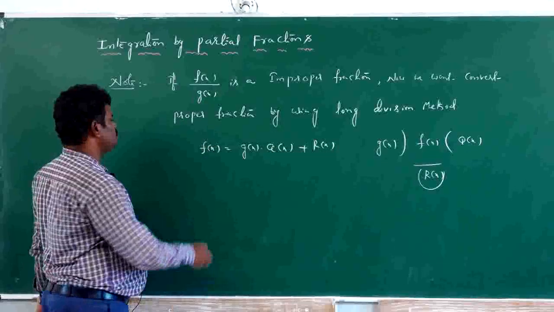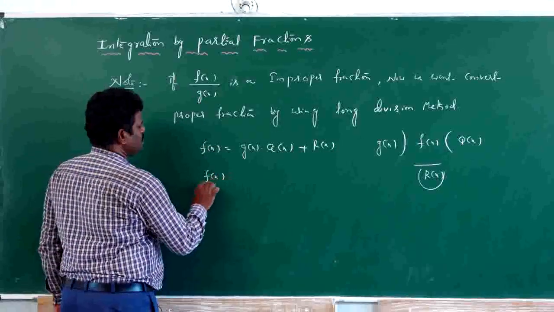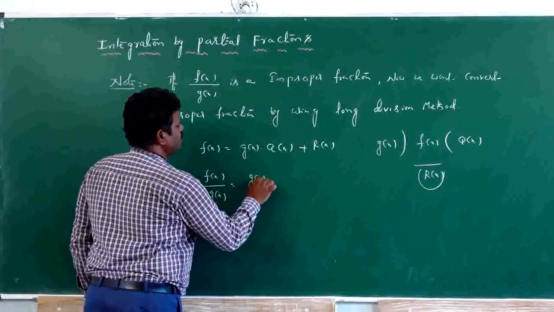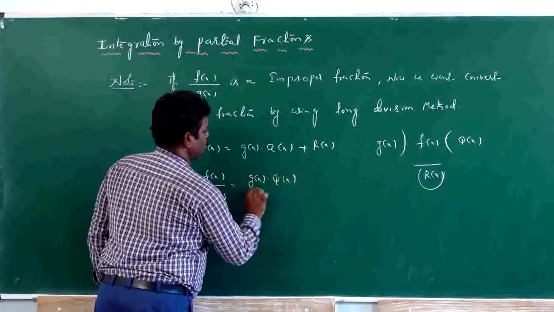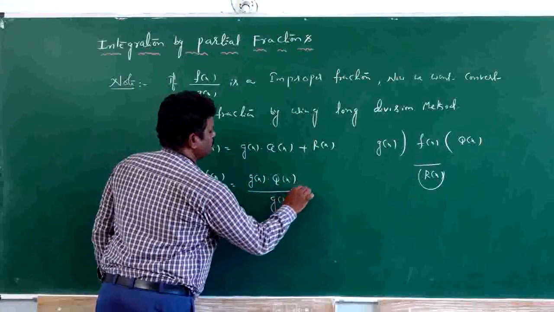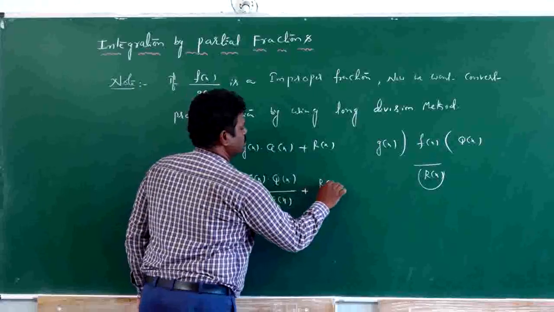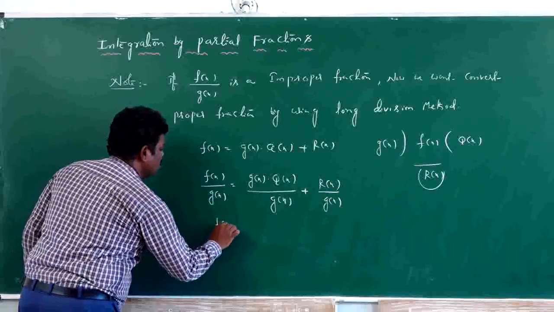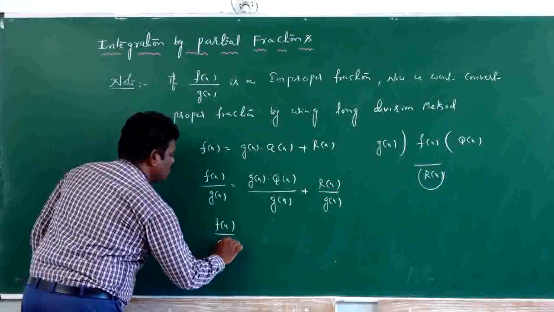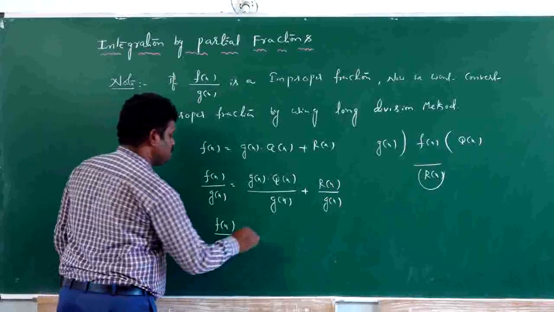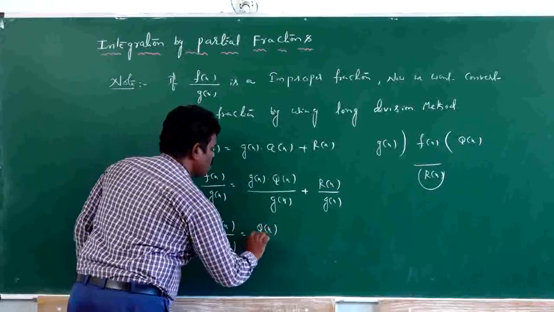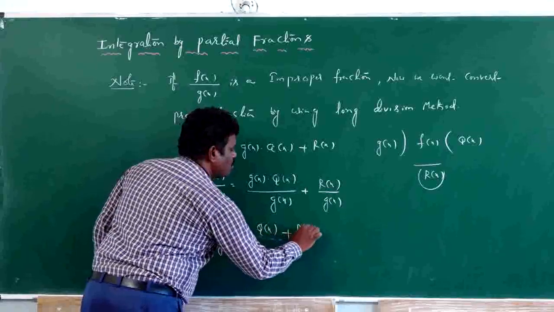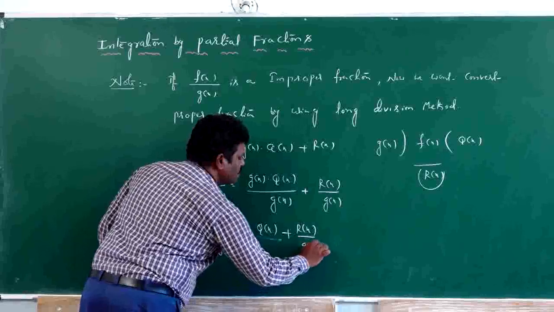Dividing by g of x, f of x by g of x is equal to g of x into q of x by g of x plus r of x by g of x. Cancelling g of x, f of x by g of x is equal to q of x plus r of x by g of x.